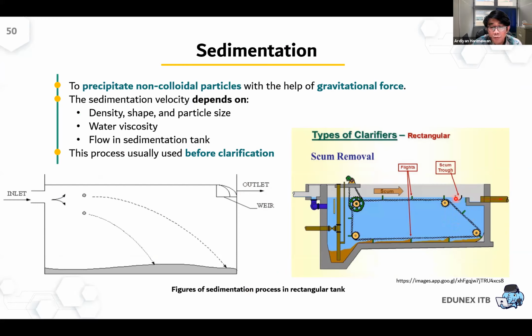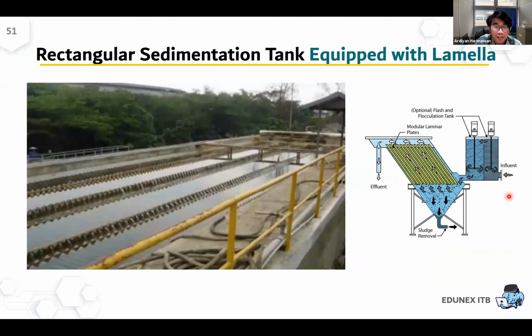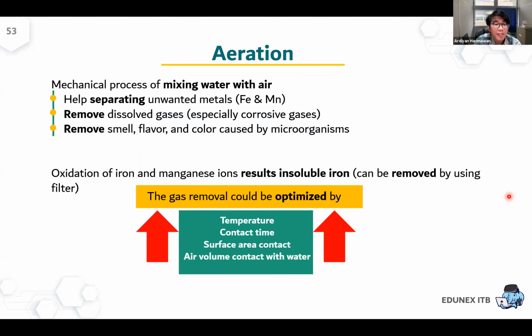But the flow rate will be very, very slow. So while the water is traveling from the inlet point to the outlet point, the suspended solid will be settling down. Yeah, and then if necessary, you can employ the aeration.